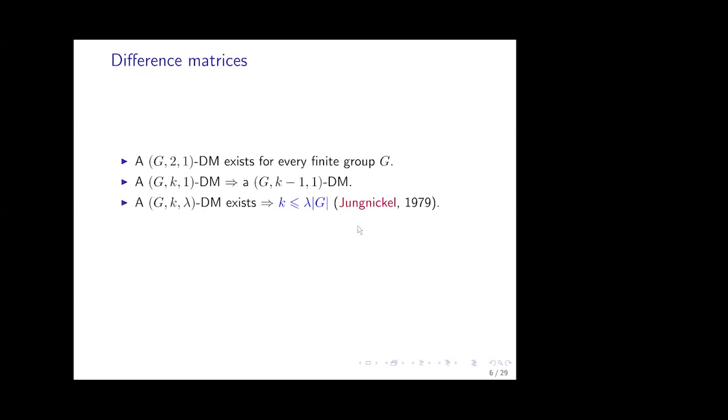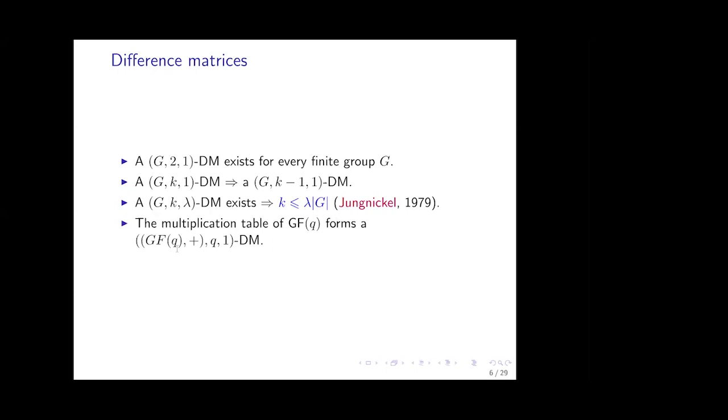Drake showed that the number of rows is no more than lambda times the size of G. And is this upper bound tight for some cases? Yes. For example, the multiplication table of the finite field of order q forms a difference matrix.